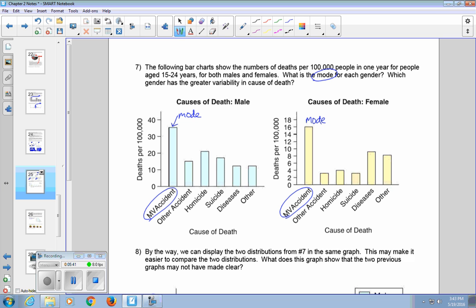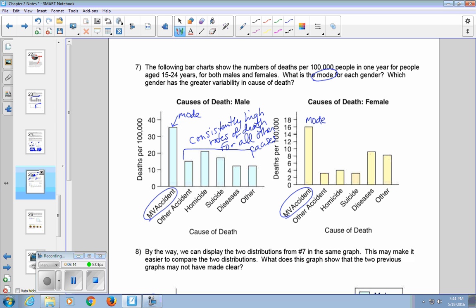So which gender has a greater variability in cause of death? Note that the males have consistently high death rates for all other causes of death, so there's more variability. So we've got consistently high for all of the other causes.